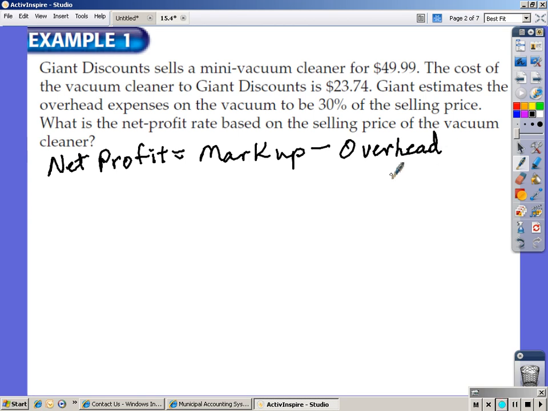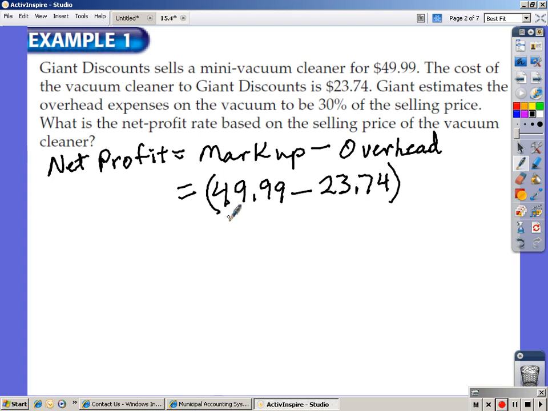So, let's first find that. Net profit equals $49.99 minus $23.74. And that's going to give us our markup.